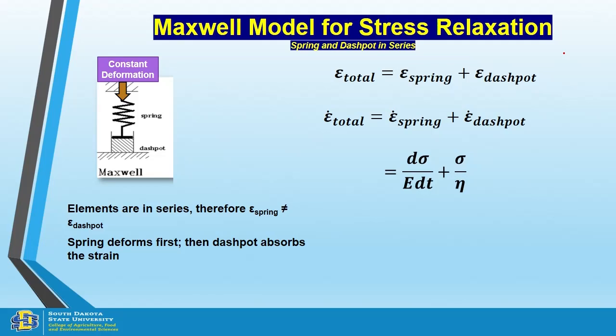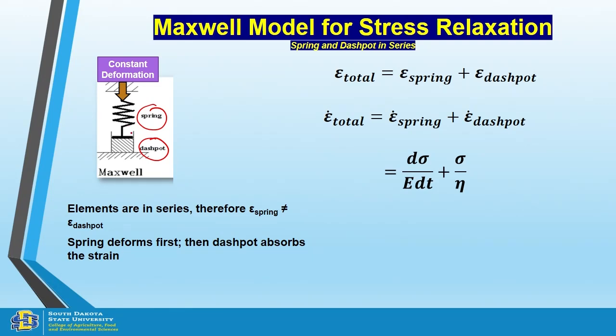Okay, let's look at the Maxwell model for stress relaxation. Here we are assuming that both the spring and dashpot are connected in series. They are in series, therefore strain in the spring will not be the same as strain in the dashpot, because the dashpot is going to go on its own and the spring is going to go on its own. They'll have their own deformation rate because they are connected in series.